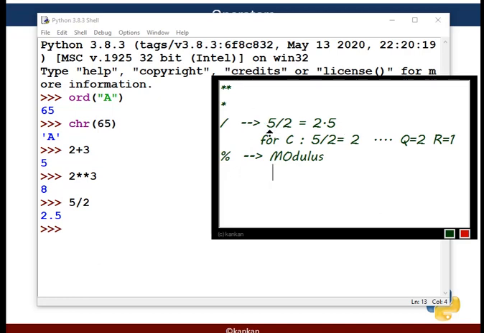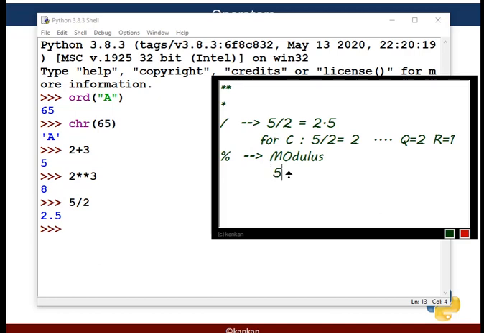If you divide 5 by 2, 2.5 will be produced, but in some cases the remainder is required. Suppose you'd like to test whether a number is odd or even, or whether a number is prime or not, then a remainder is required. According to divisibility rules, in some cases the remainder is required.